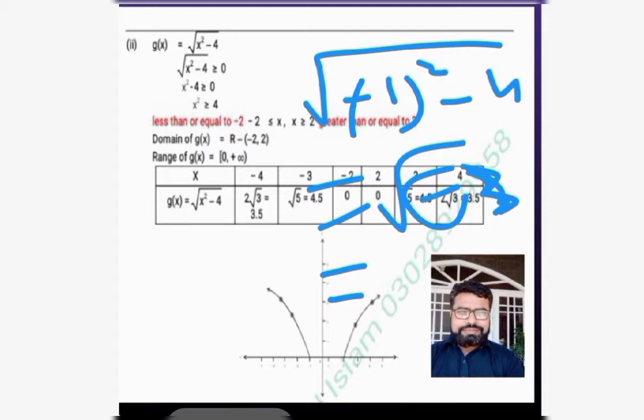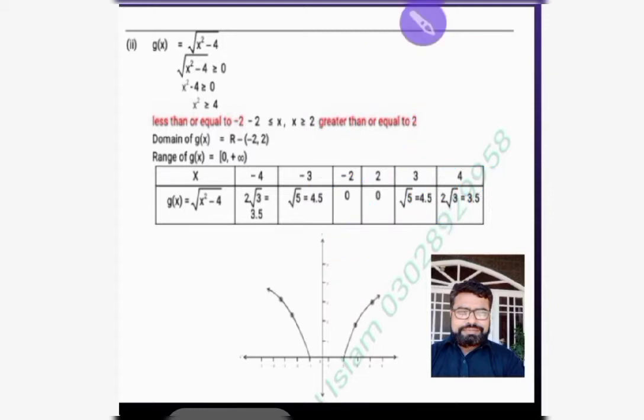It's not a real number. So it's not a domain. Minus 1 is not a domain. Answer must be a real number. Answer means range. Range must be a real number. Domain is that value that if you put it in a function, the answer must be a real number. If the answer is not a real number, it's not a domain.